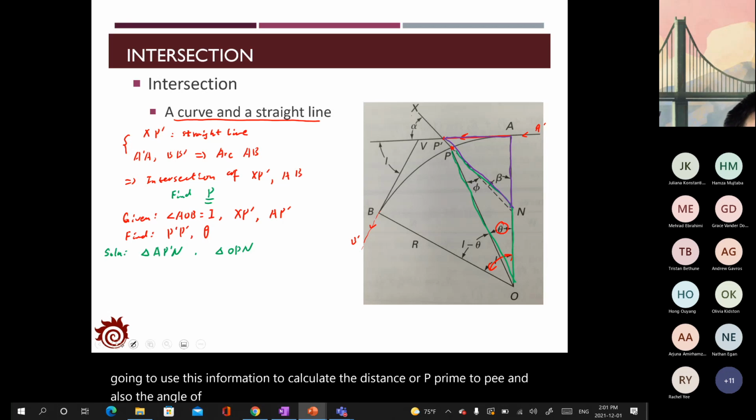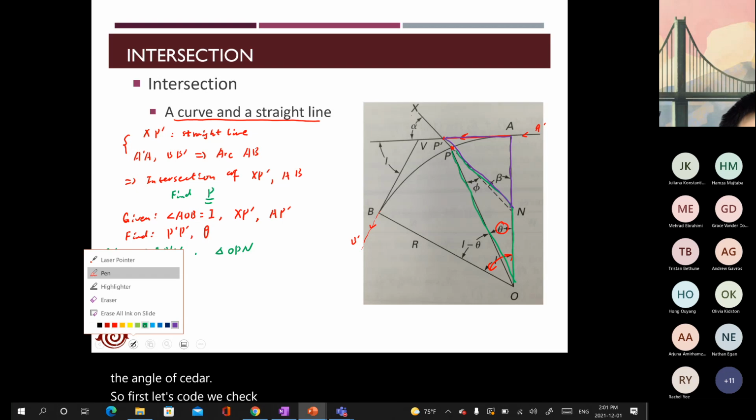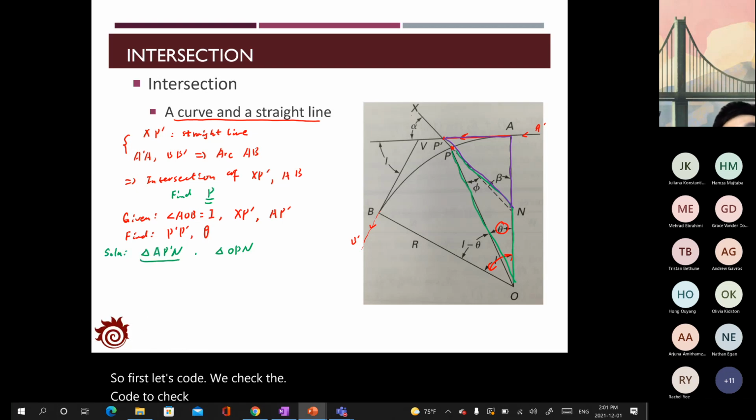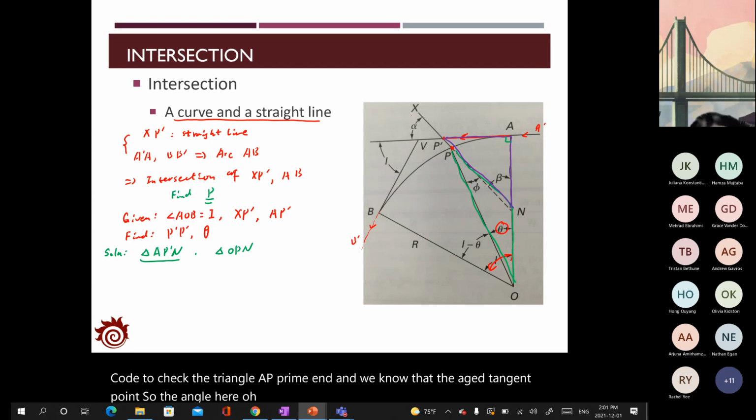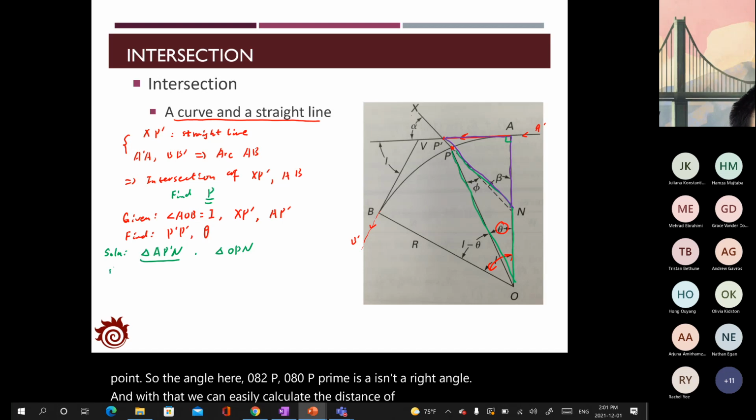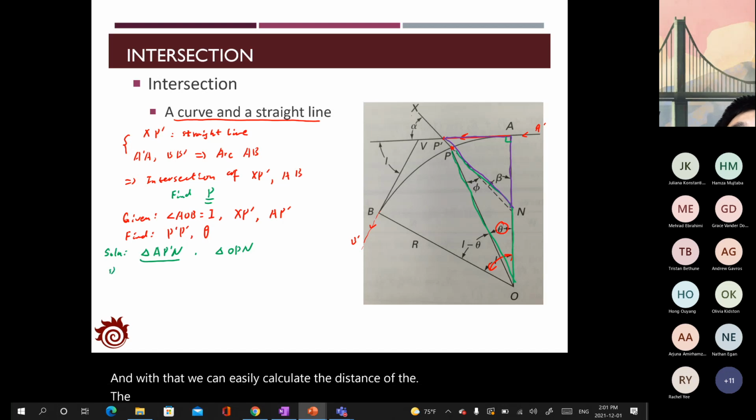So first, let's check the triangle AP prime N. And we know that A is the tangent point. So the angle OA to P prime is a right angle, and with that we can easily calculate the distance from N to A and N to P prime.